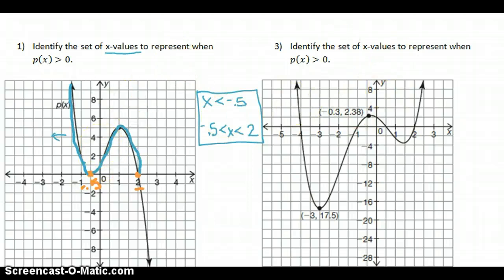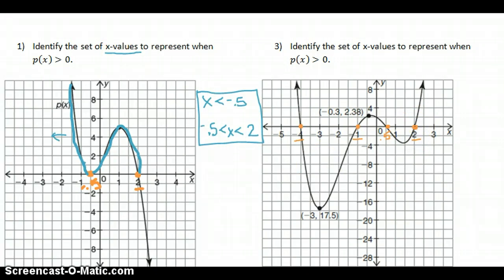Question number 2, same idea. You want to identify your zeros first. We have a 0 at negative 4. We have a 0 at negative 1. We have another 0 at a positive half. And we have a 0 at a positive 2.